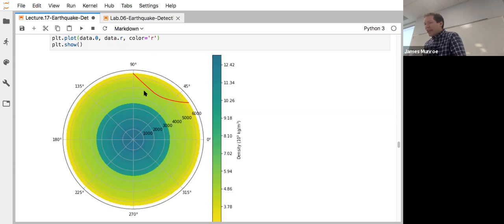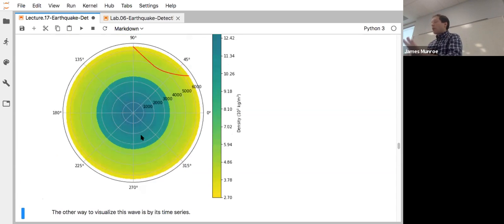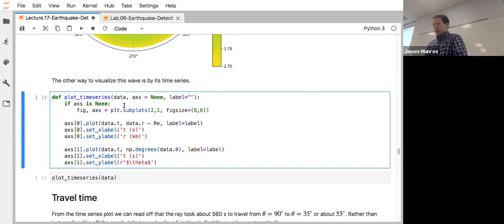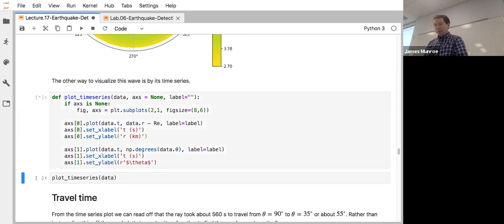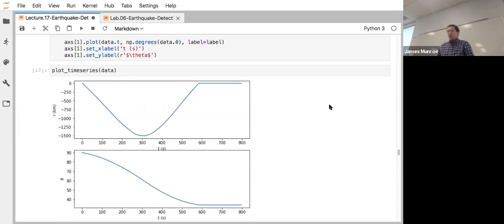Another way of thinking about this line is to plot this thing as a time series, right? So there's the polar plot representation of the model results. We could also talk about a time series result. So this is just taking the plot of the data and plotting r and theta as a function of time. And we get these two graphs. This is the polar coordinates, radius and angle, as a function of time.